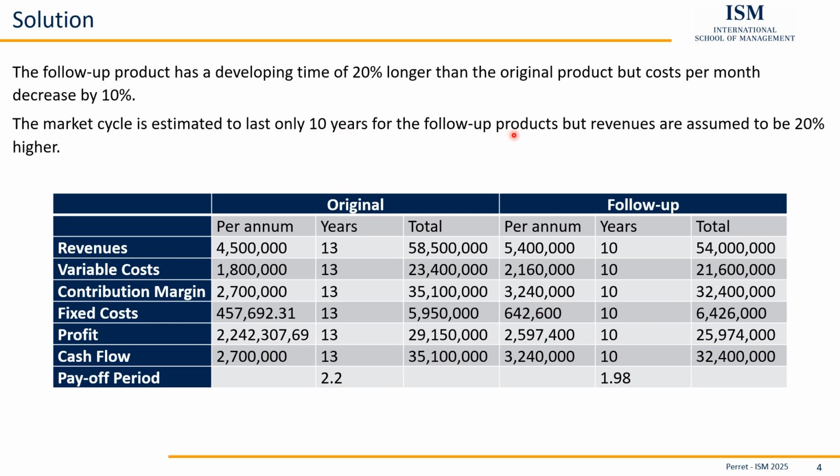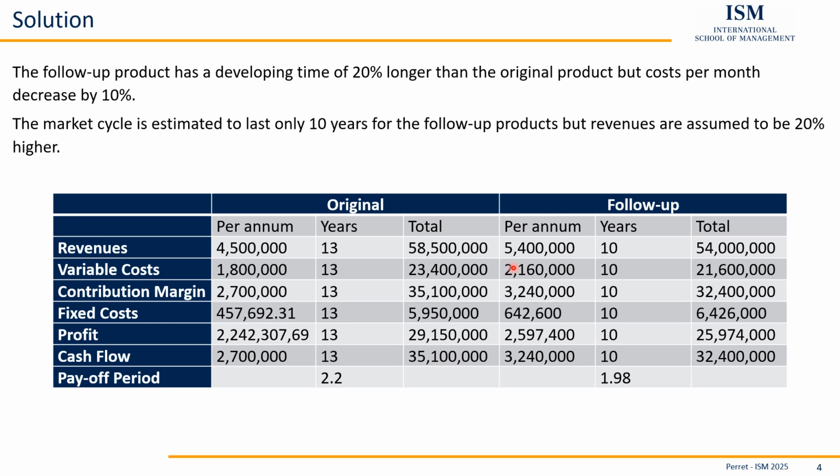Then I get the information that revenues of the follow-up product are assumed to be 20% higher. So I multiply revenues with 1.2 as well, giving me this value per year, times 10 for the whole horizon.